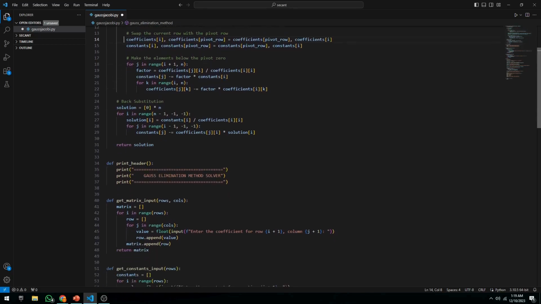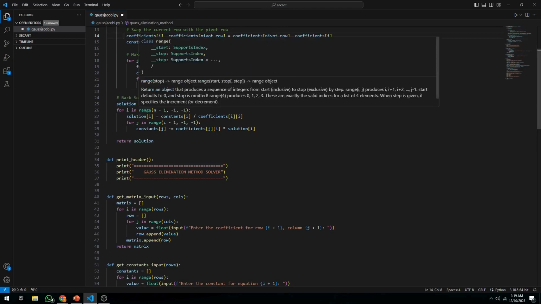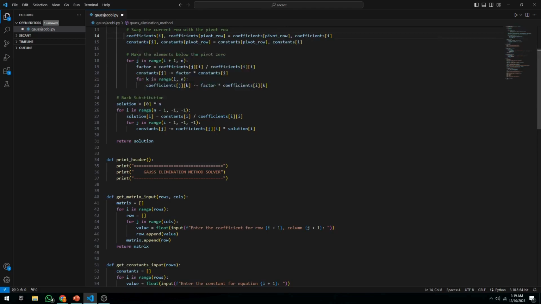Then we'll move on to back substitution. Basically, here we'll apply a variable called solution, and we will give it the value 0 multiplied by n, and then we'll apply a for loop with n minus 1, minus 1, and minus 1, and then we use the variable solution that we declared earlier.